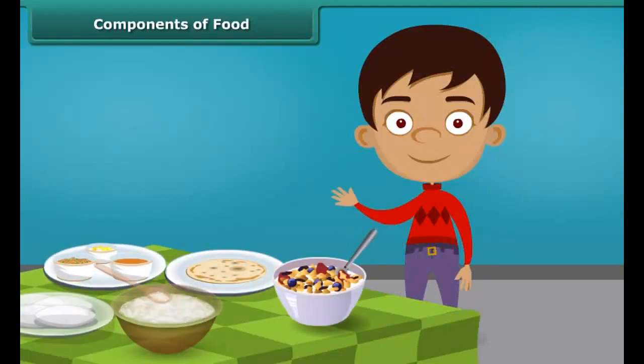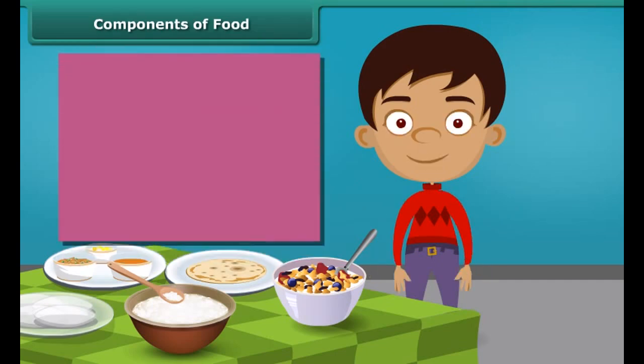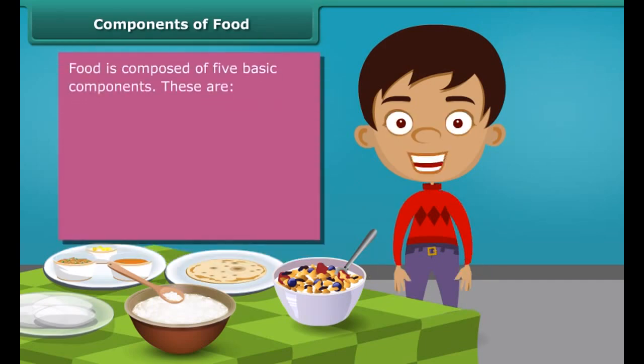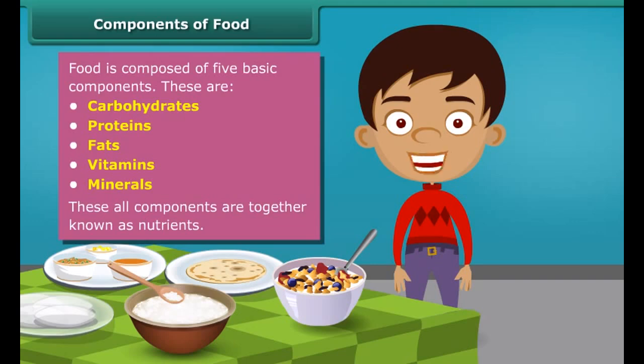Now, a question may arise that how do we get energy by eating food, and why food is known as fuel for our body? Friends, food has 5 basic components in it. These are carbohydrates, proteins, fats, vitamins, and minerals. All these components together are called nutrients.